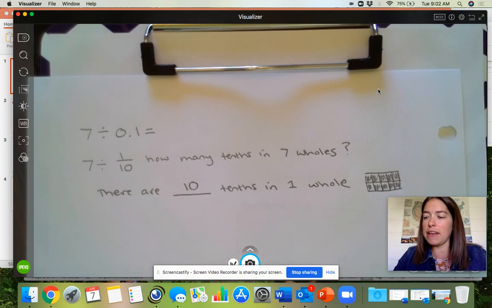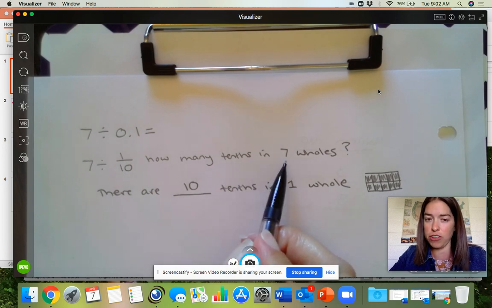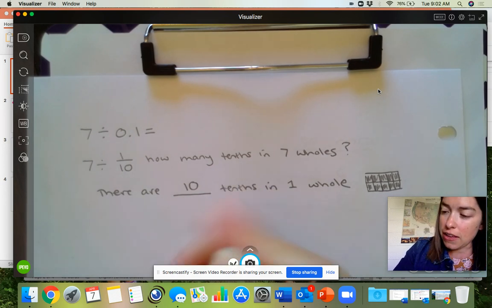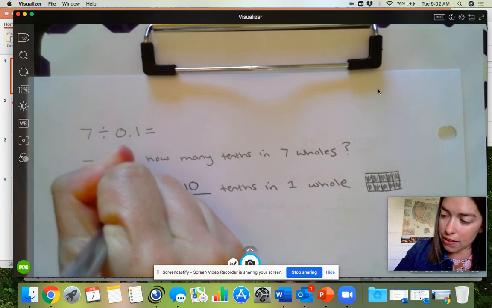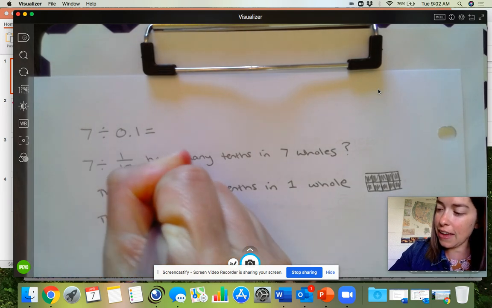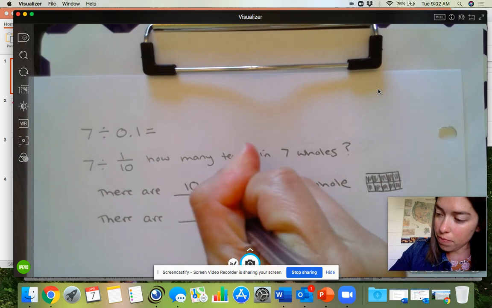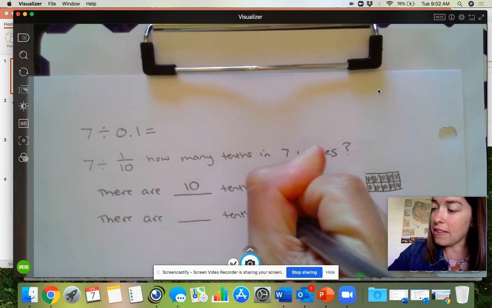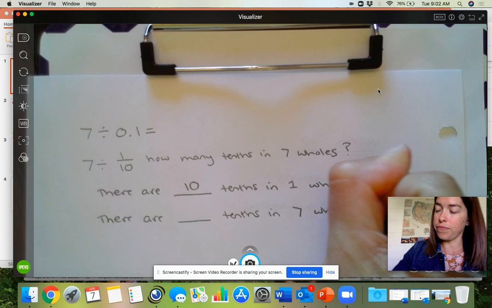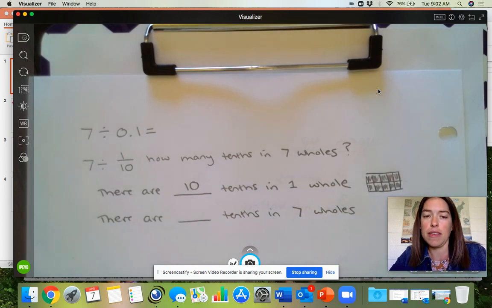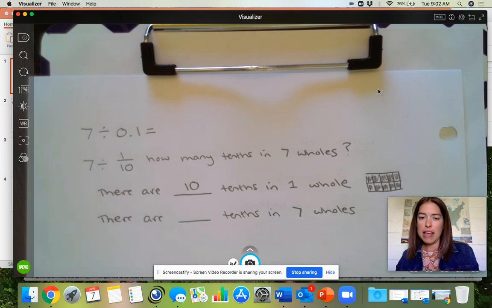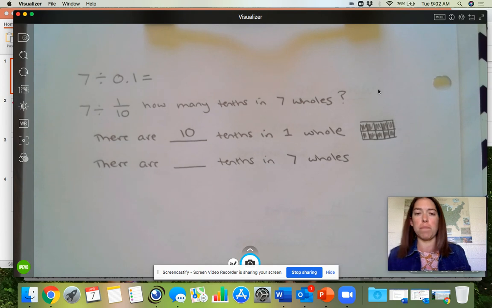But I'm not done because this problem wants to know how many tenths are in 7 wholes. So let's go ahead and write out a statement for that. There are blank tenths in 7 wholes. All right. Now, I can draw it out, and I will draw it out in a second just to prove my thinking, but let's see if we can figure this out even without a picture.